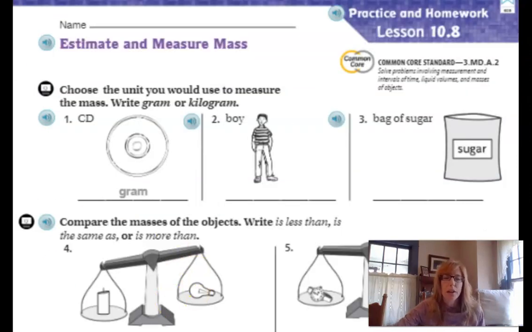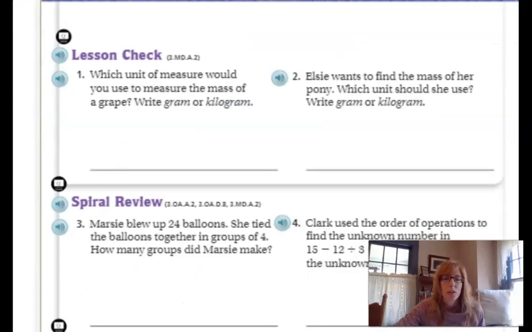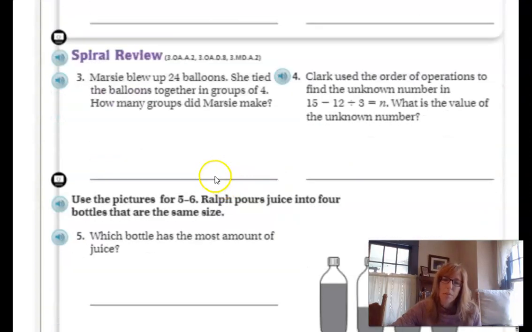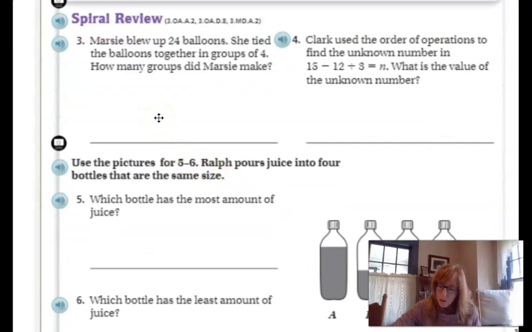You should have done your lesson check. So number 1, you should have said gram. Number 2, kilogram. Spiral review, 6 groups because you had 24 dividing into 4 equal groups of 4. How many were in it? You would have gotten 6 groups.